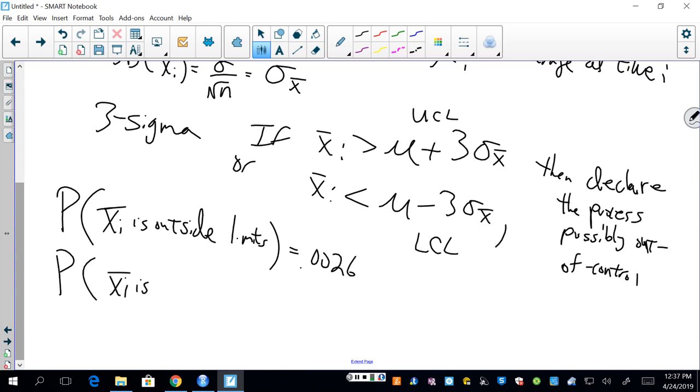The chance that our average is inside these limits is 1 minus that, so 0.994. So most of the time, if the process is in control, it is not going to give you an average that's far enough out. Where did that come from? Well, these probabilities come from a normal distribution.